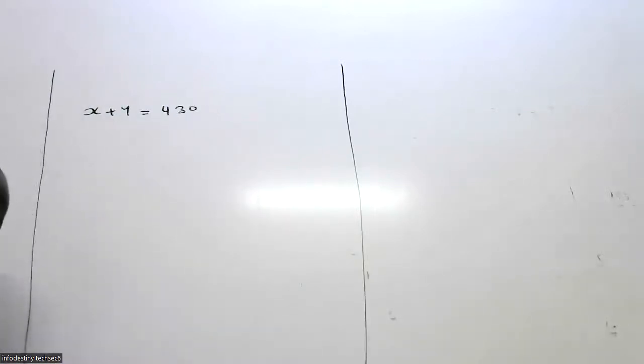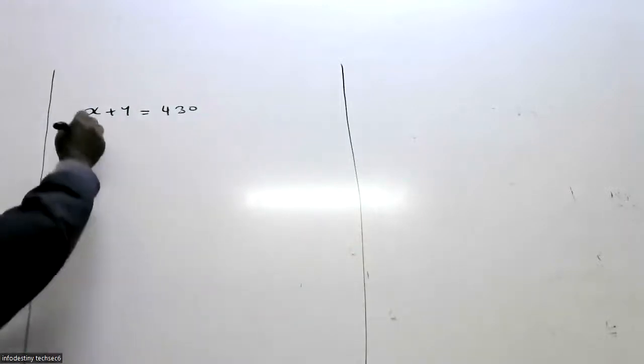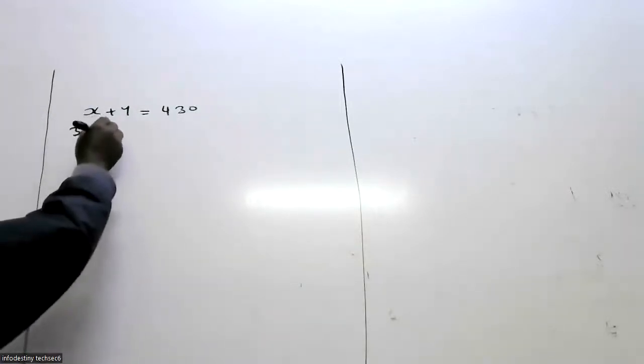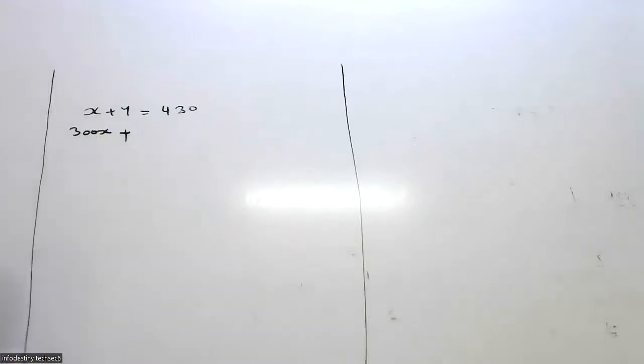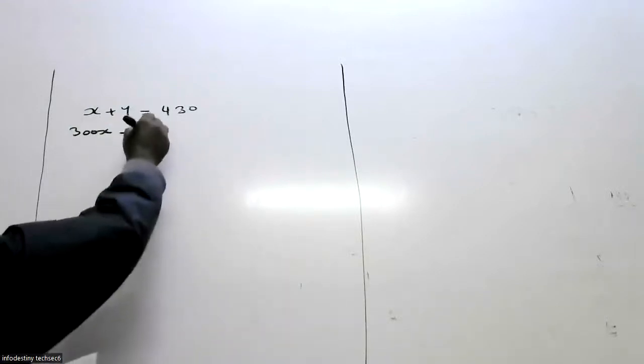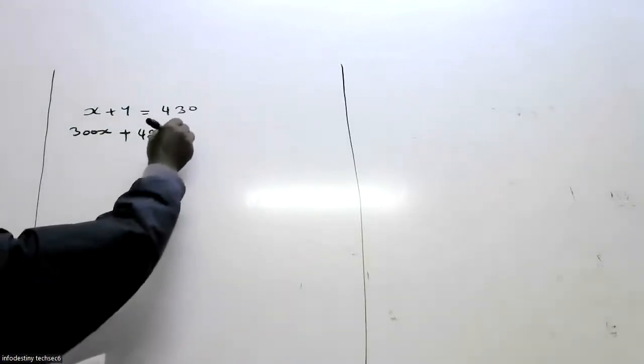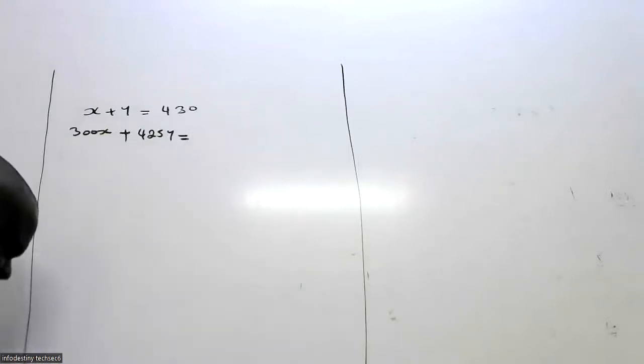Then the second part, the cost of selling type X goods is 300 per item. So you say 300X plus 425Y equals, what's the total?